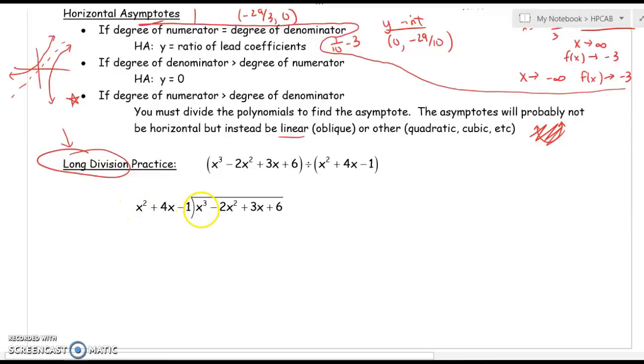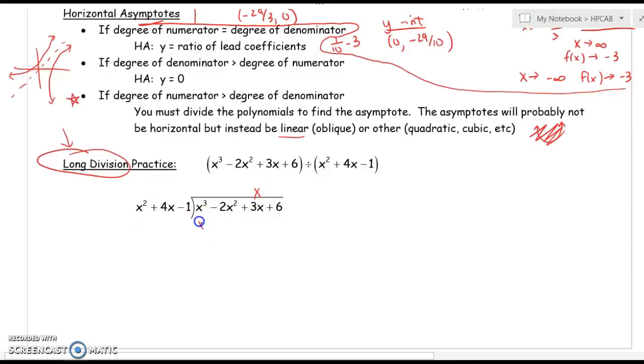X squared times x to the first will get you x cubed. Since it's x to the first, it can't go here. It has to go above the term with the same power, so we're going to put it above the x to the first. If it was an x squared, you'd have to put it above the negative 2x squared.